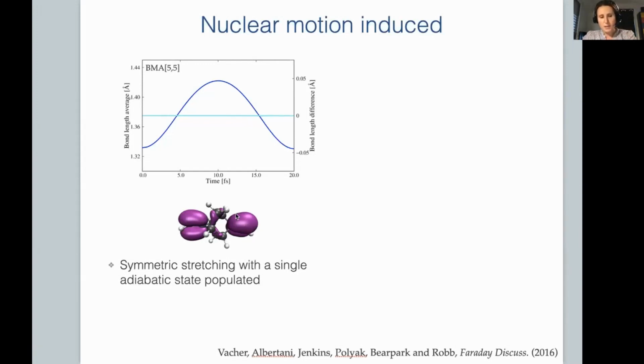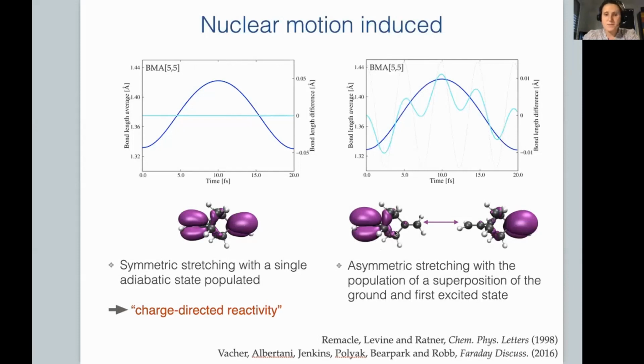And as we populate an electronic wave packet, one thing that we do is localize the hole on one side, which means that even if on average the stretching is the same, now the difference in bond length doesn't stay 0.